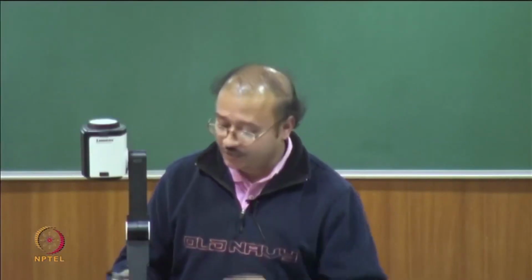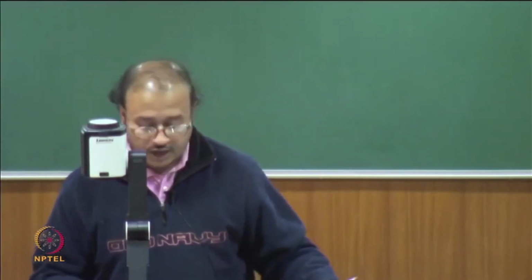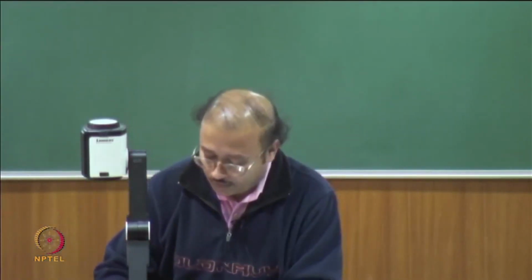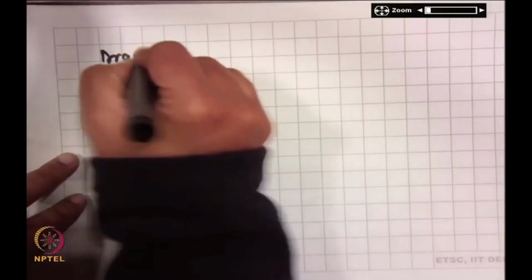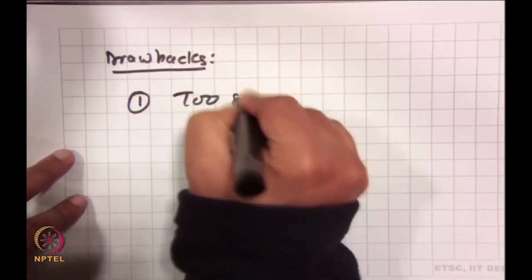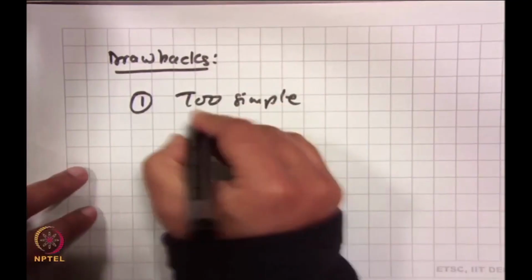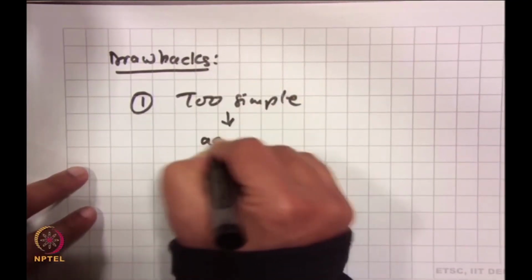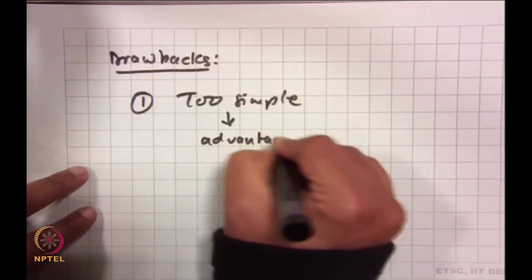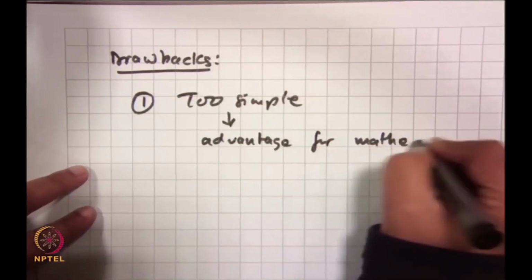Clear? So, there is a hard sphere potential, but see the drawbacks of this hard sphere potential. Well, it is too simple. Obviously, the advantage is that it is good for mathematical calculations.